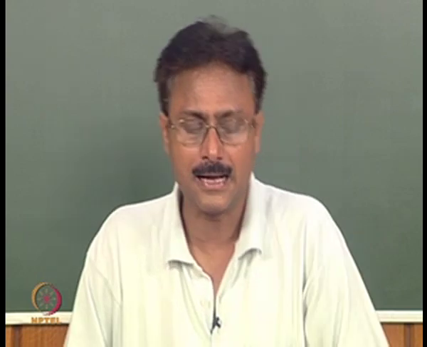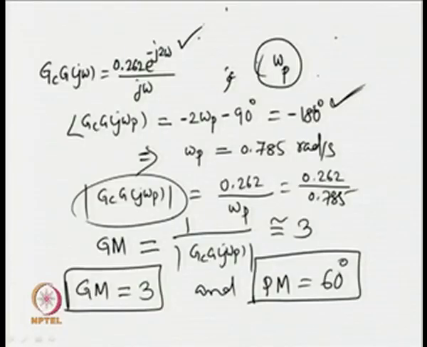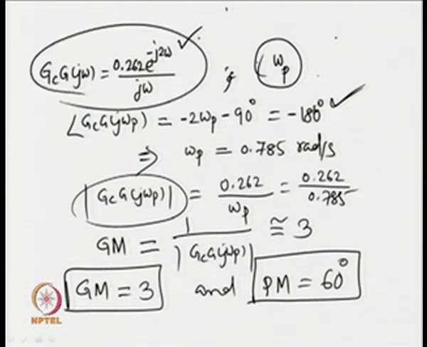So, these things are possible from the analysis of the loop gain. What information do this gain and phase margin give us? When the gain margin is greater than or equal to 2 or the phase margin is greater than 30 degree, we get a very good performing closed loop system.